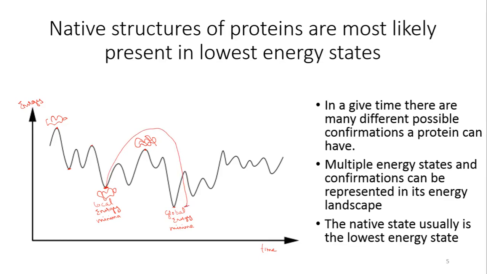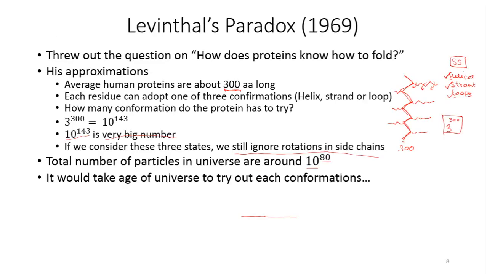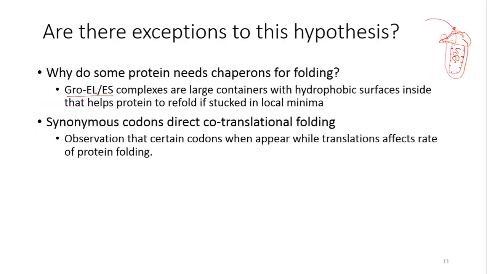Okay, so in such a case, there are chaperone proteins that would help this particular protein, which is stuck in this local free energy minima, to refold and obtain the global free energy minima. Okay, so this is what the function of this GroEL-GroES complex is.